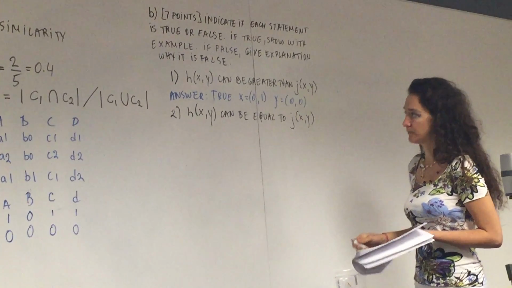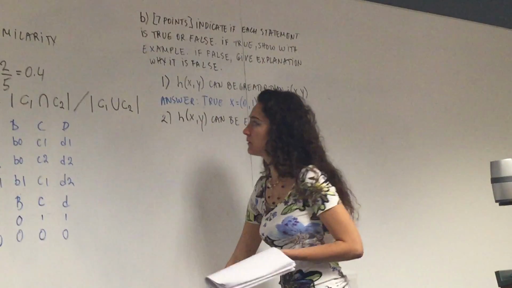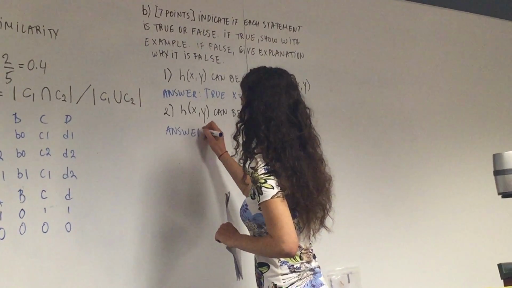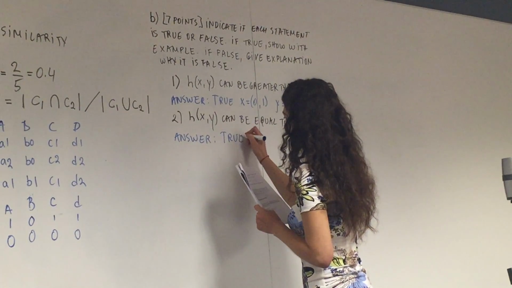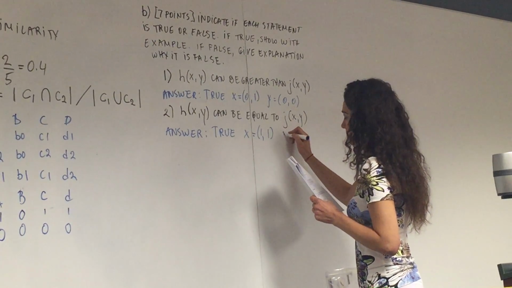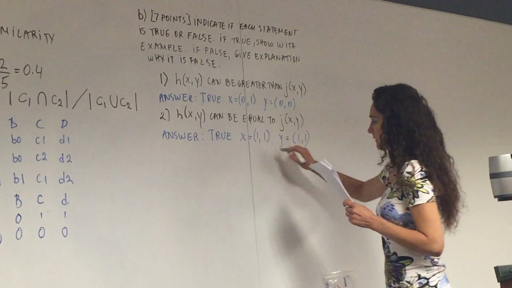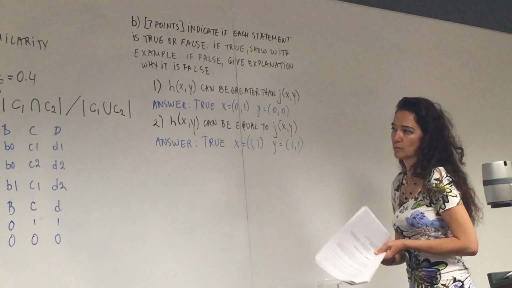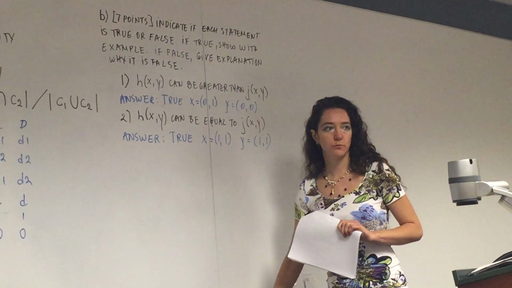Is that possible? Yes, it's possible. Let's say if X is 1, 1 and Y is 1, 1, then both similarities will be equal.